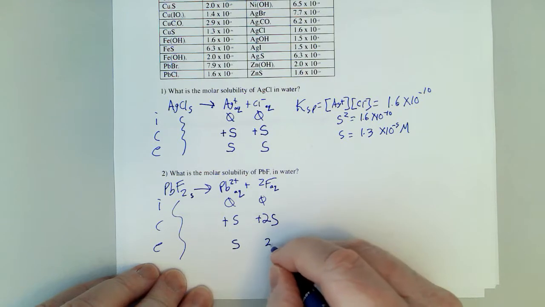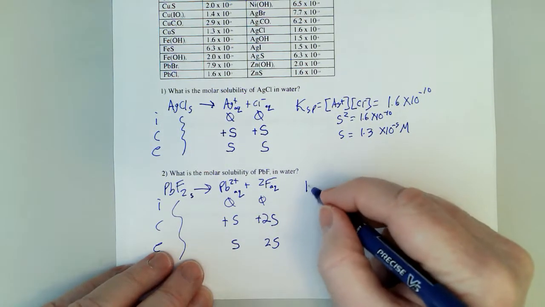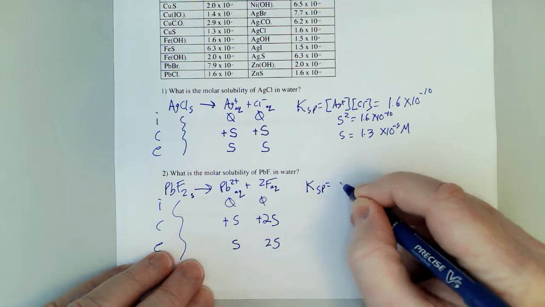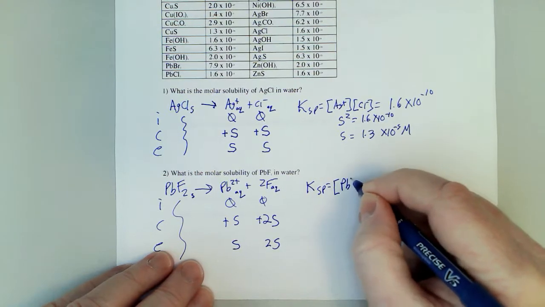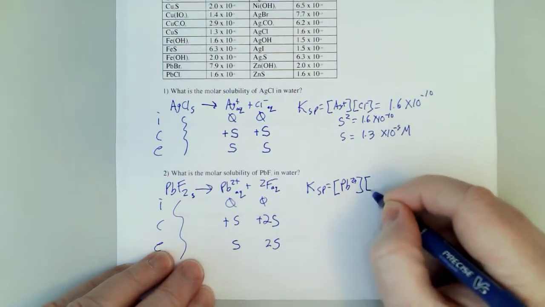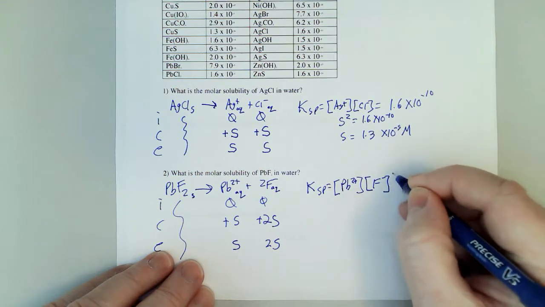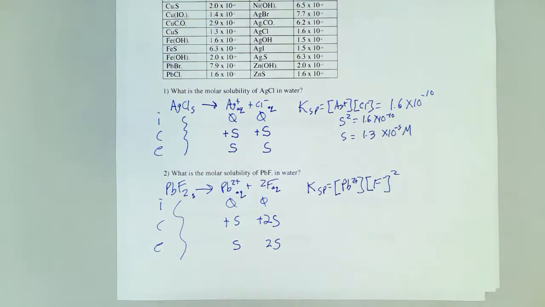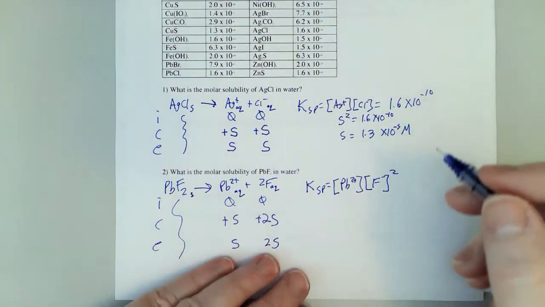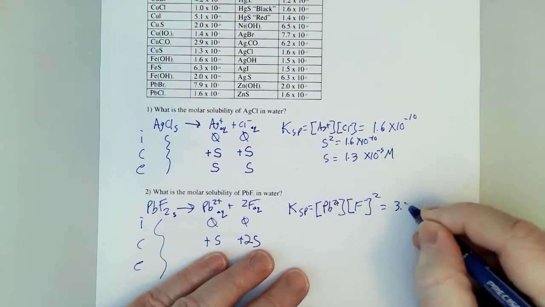So I have S and I have 2S when I add those together. So Ksp equals the concentration of Pb2+ times the concentration of F- quantity squared. Look that one up in the table, 3.7 times 10 to the negative 8th.